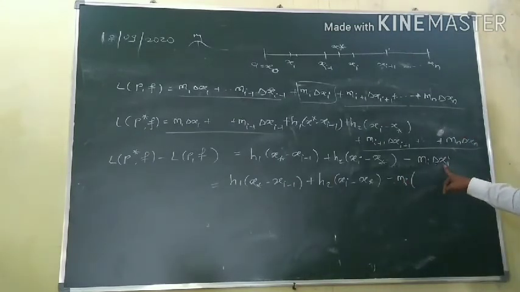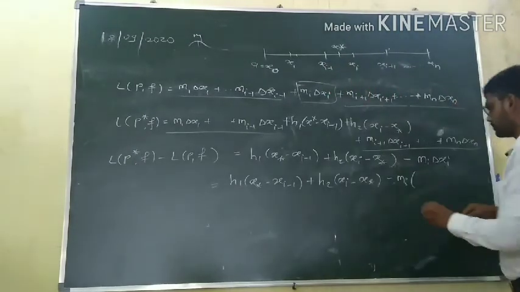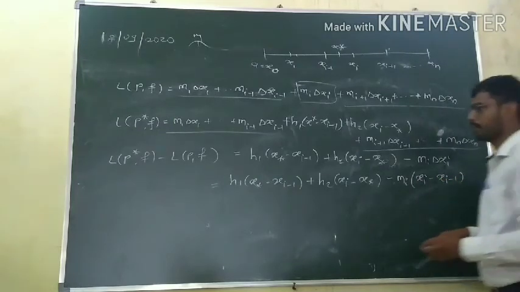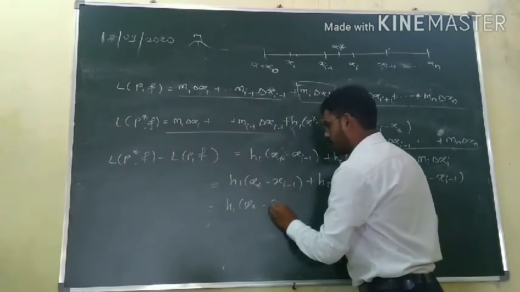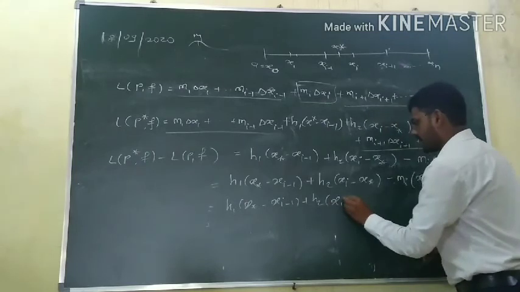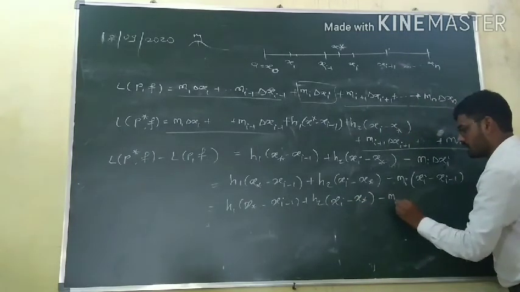What is delta x i? Nothing but x i minus x i minus 1. So this is equal to h1 into x star minus x i minus 1 plus h2 into x i minus x star, minus m i into.